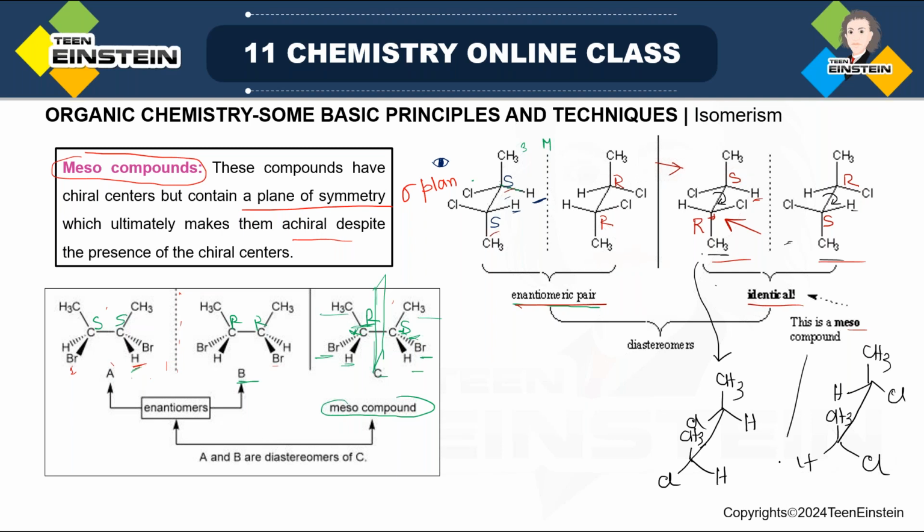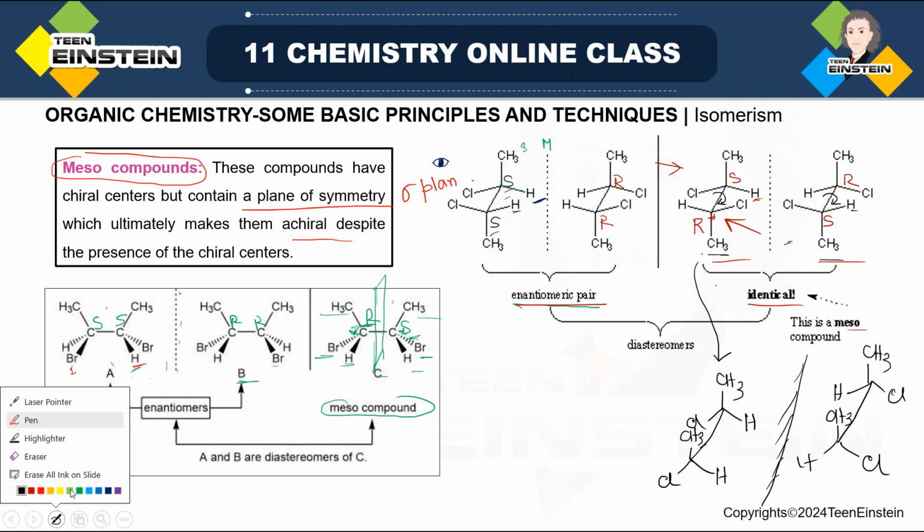Now if you look at this molecule, again it seems as if it is a mirror image, right? But if you cut the molecule along this plane, somewhere in this position, in between the C-C bond, you will see both sides are actually mirror images of each other, as if this R is the mirror image of this S. That is the internal plane of symmetry.